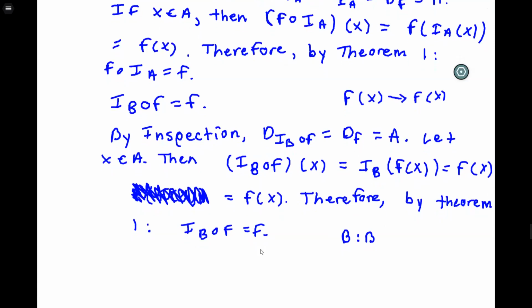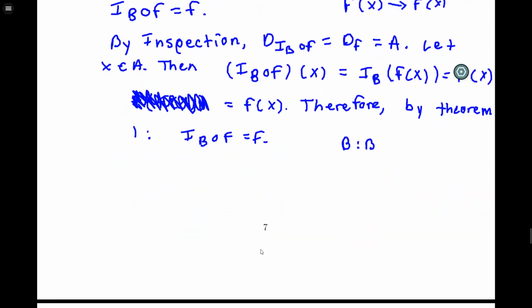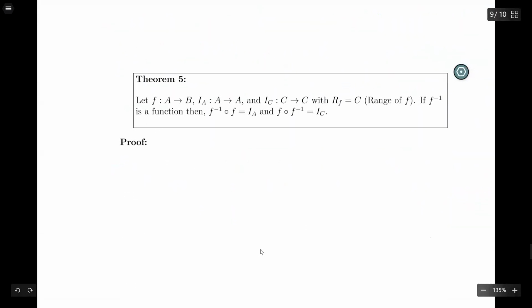Okay. So let's move on to the last theorem, which is Theorem 5.